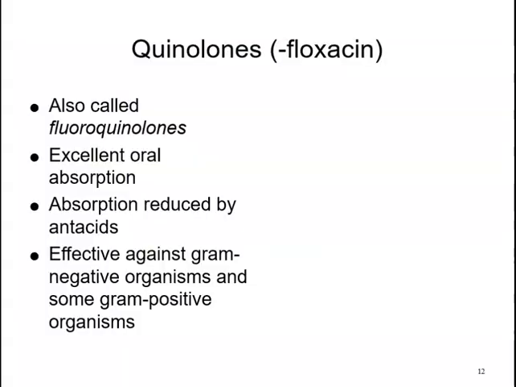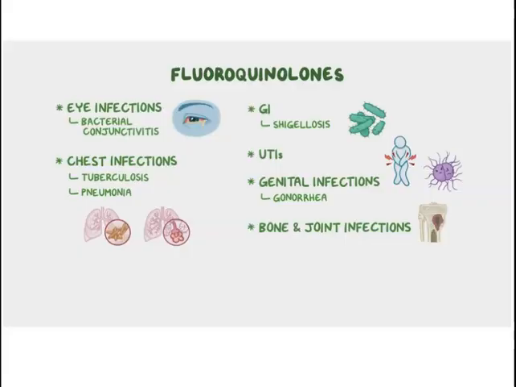All right, so next we're going to talk about the fluoroquinolones. I'm actually going to slide up one of these slides in front of it, so we can look at them. So basically the fluoroquinolones are used to treat eye infections, chest infections, a lot of GI issues, some UTIs, some STIs.